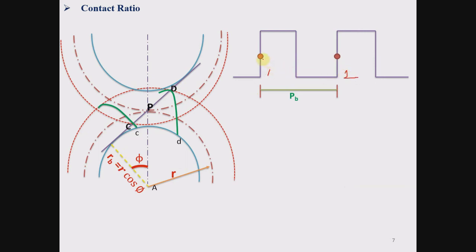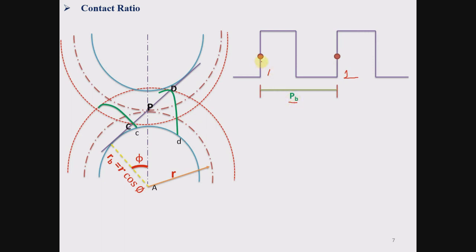If I take a point on tooth number 1 on this left hand side profile, the distance of this point from the same point on the adjacent tooth is called the base pitch, and base pitch is measured along the base circle. Just as we measure circular pitch along the pitch circle, we measure base pitch along the base circle. Got it? The distance between two corresponding points on adjacent teeth measured along the base circle is the base pitch.